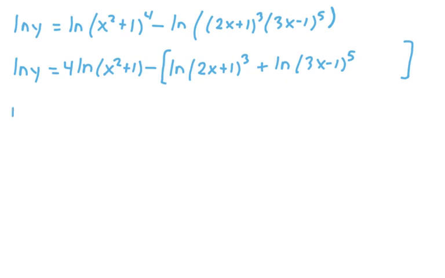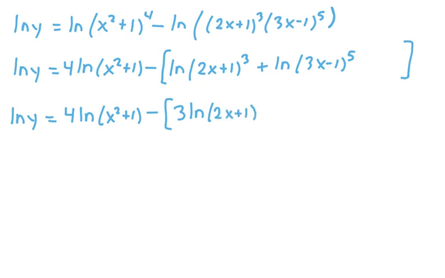From here, I can say natural log of y is 4 natural log of (x squared plus 1) minus, and then within the brackets, I'm going to pull the 3 out and write 3 natural log of (2x plus 1) plus, and doing the same thing here, I'm going to pull the 5 out in front and write 5 natural log of (3x minus 1).